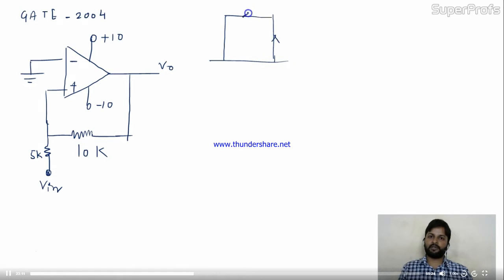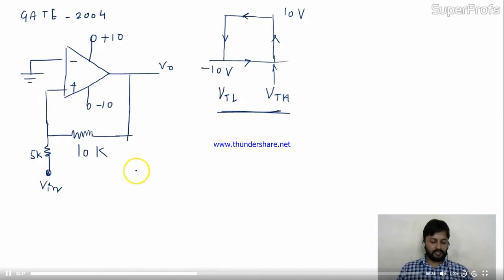The direction is anti-clockwise, obviously, because we have non-inverting. The max is given as 10 volt and here it's minus 10 volt. These two points given are VTH and VTL, the threshold points: upper threshold point and lower threshold point. The question is definitely asking for these two, VTL and VTH. Figure A shows a Schmitt trigger circuit and figure B is the corresponding hysteresis characteristic.